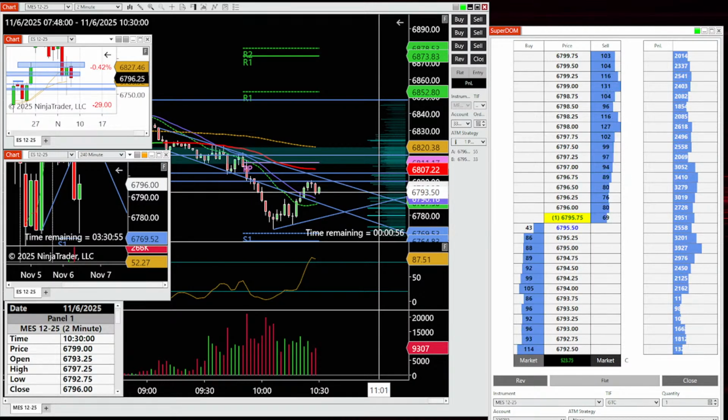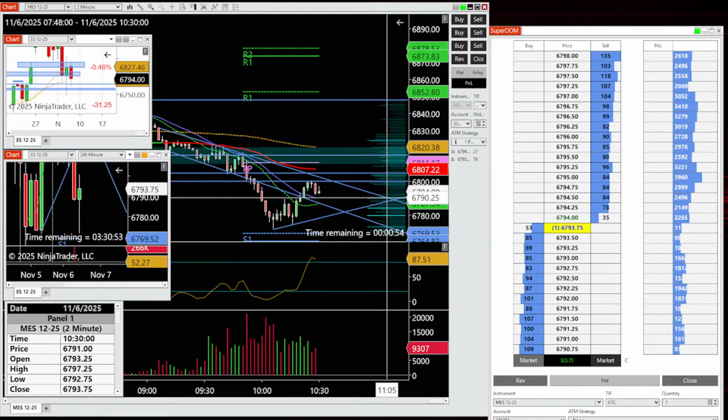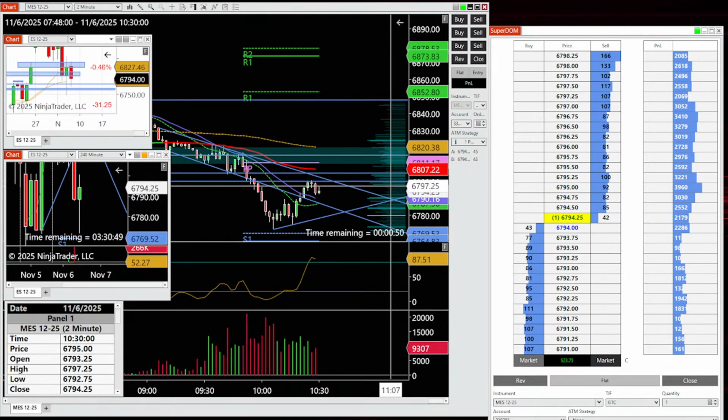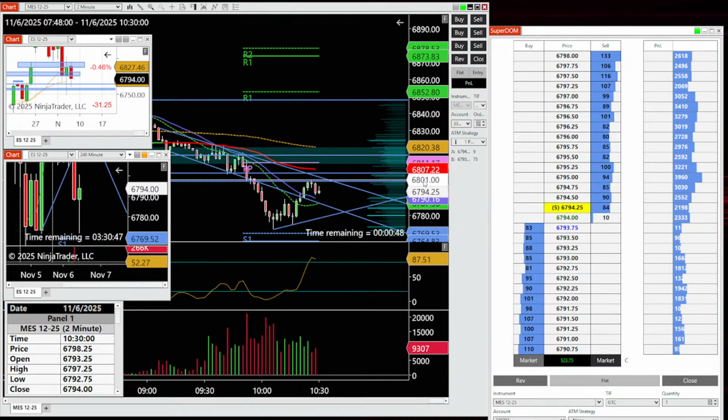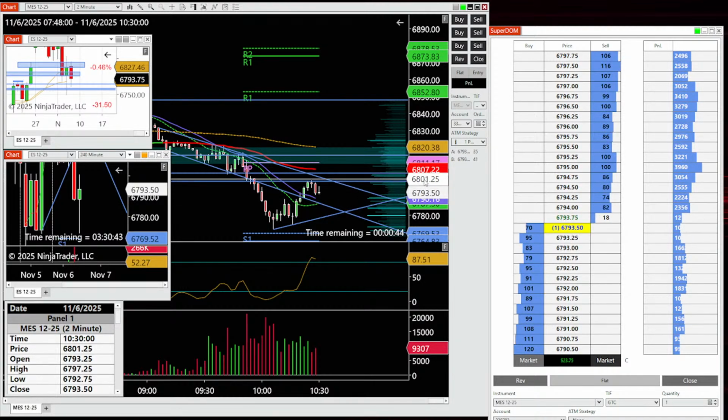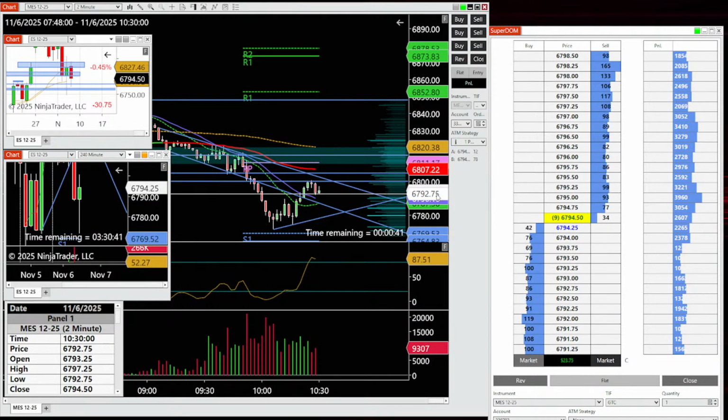Do we get some consolidation between 90 and 68? Maybe a little dip below 90 if we're going to go higher, or a dip above 68. Let's see.